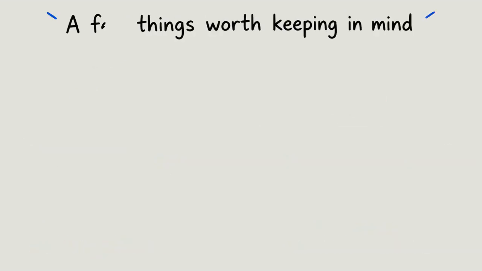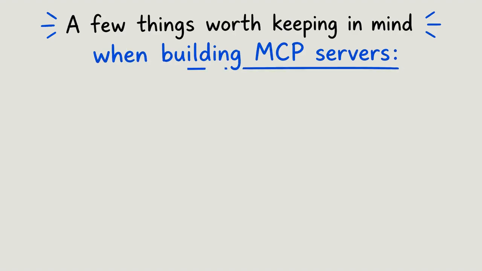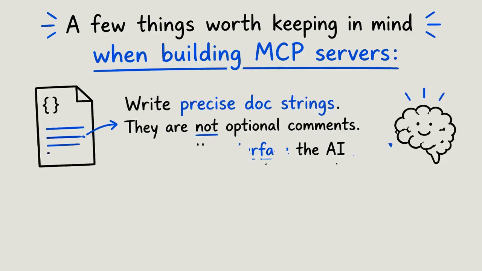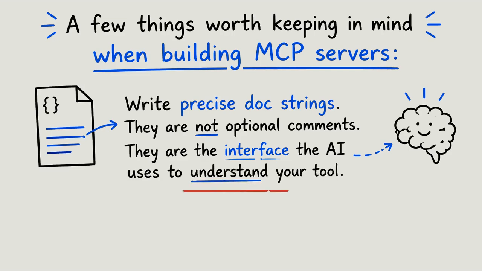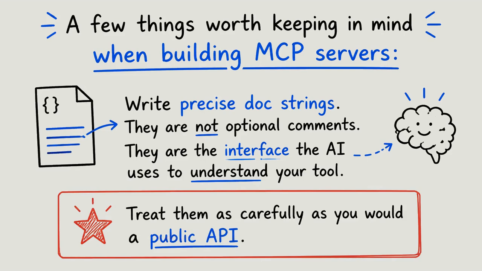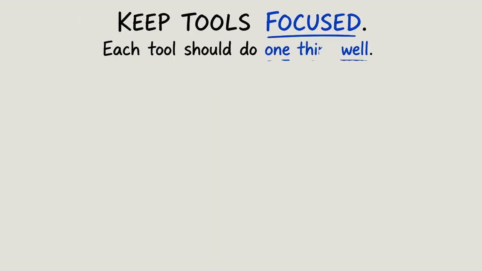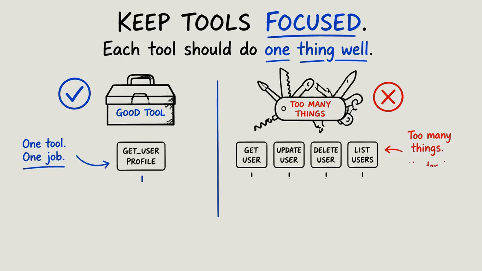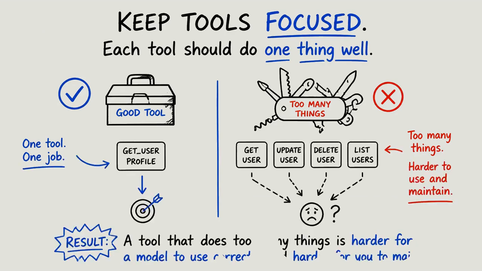A few things worth keeping in mind when building MCP servers. Write precise docstrings. They are not optional comments. They are the interface the AI uses to understand your tool. Treat them as carefully as you would a public API. Keep tools focused. Each tool should do one thing well. A tool that does too many things is harder for a model to use correctly and harder for you to maintain.